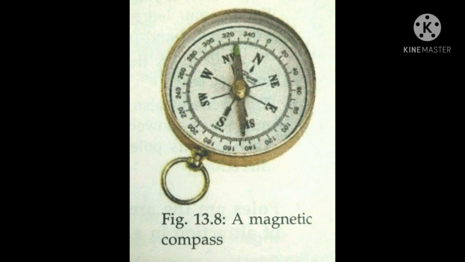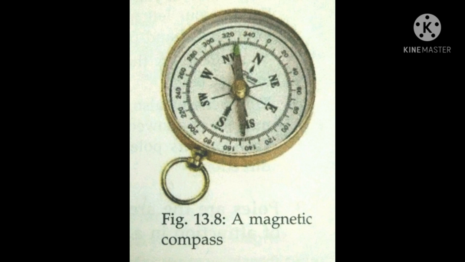This magnetic needle always aligns in the north-south direction. This needle, along with north, south, and other directional markings, is given in this compass. The dial of the compass has all other directions like east and west also marked on it.